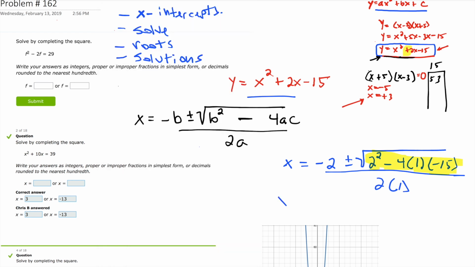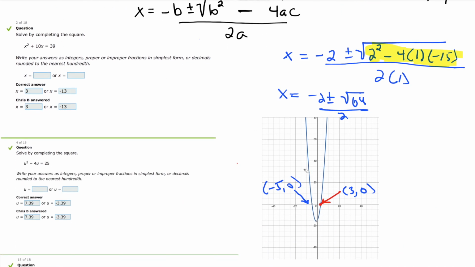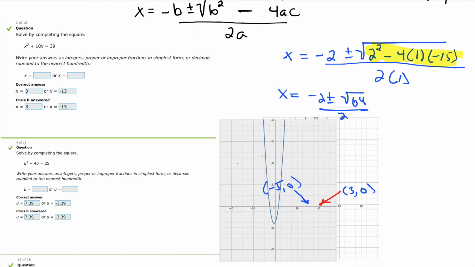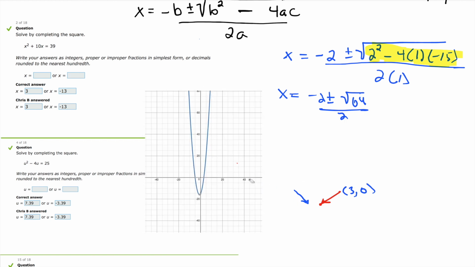Okay, so then what do I write? Yeah. So x equals negative 2 plus or minus the square root of 64, and then over 2, because 2 times 1 is 2. Wait, 3, 0, and negative 5, 0. Okay.